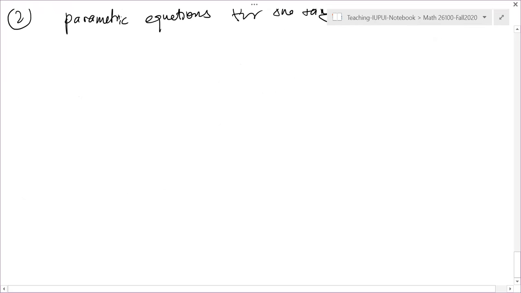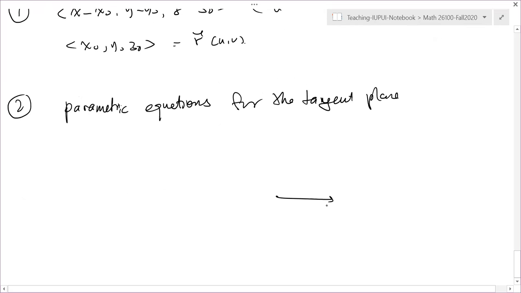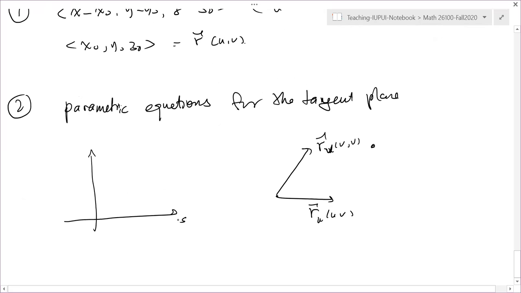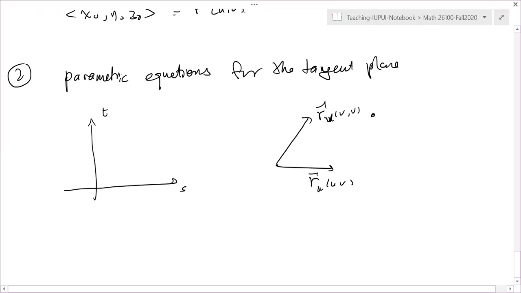So for the tangent plane, think about this as r_u and this as r_v, and an arbitrary point in the tangent plane. I'm not going to use u, v; I can use s, t.